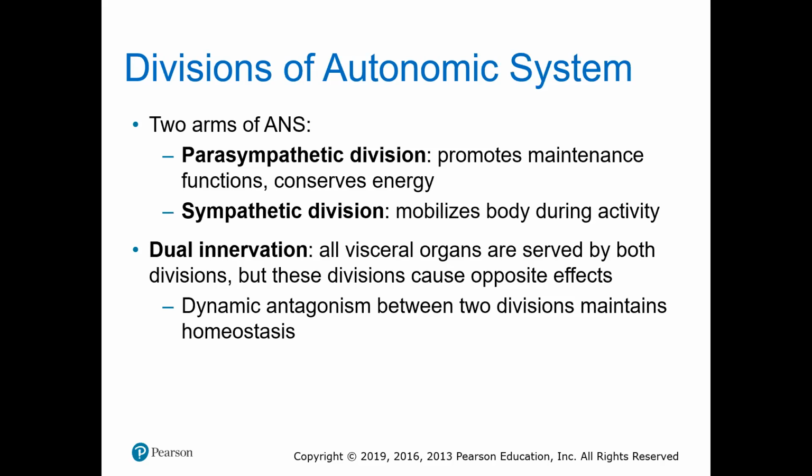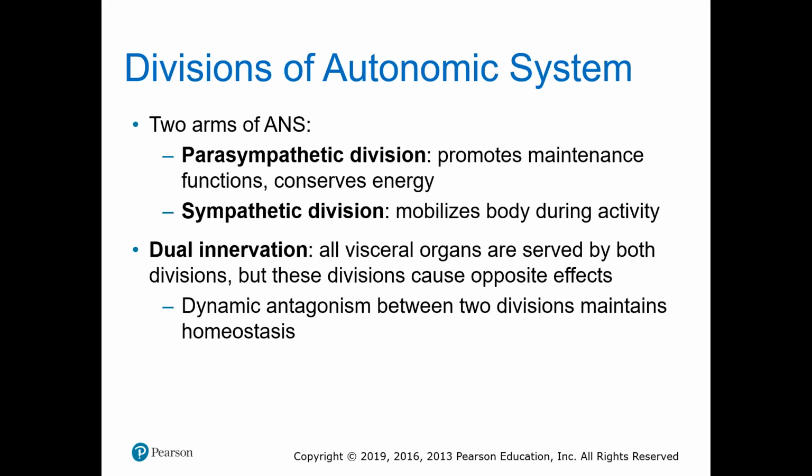We find, though, that most of our organs are dual innervated. That means they're innervated by both the sympathetic side and the parasympathetic side. They have antagonistic responses. For example, the heart is innervated by the parasympathetic side and it releases acetylcholine directly into the heart. It slows down our heart rate. Acetylcholine is inhibitory in the heart.